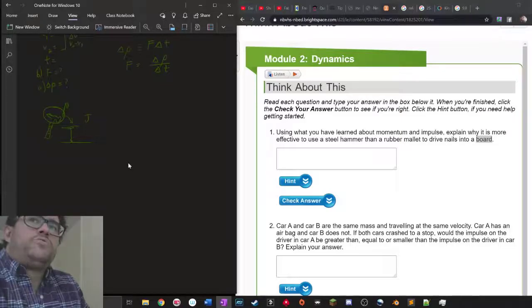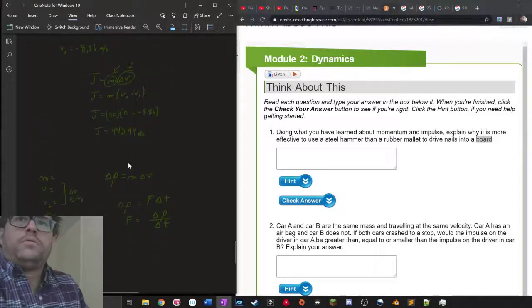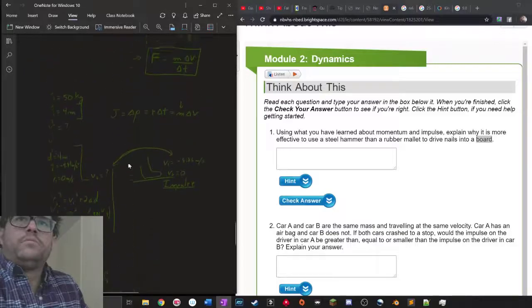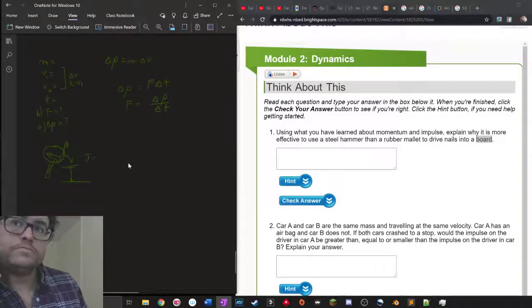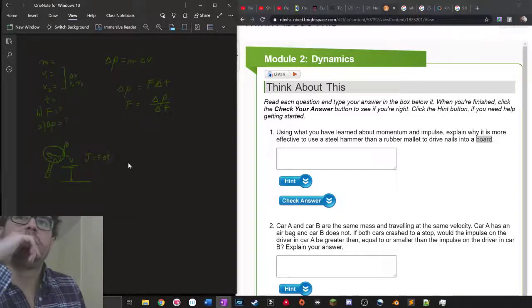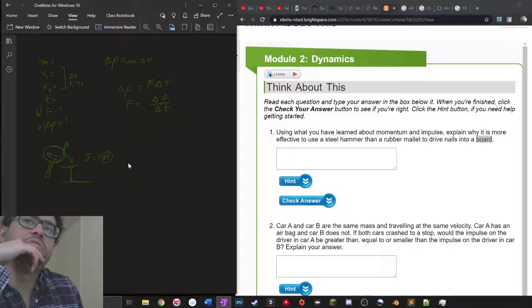That impulse has to do with the time. The time it takes for the hammer to hit and provide the impulse is what matters.